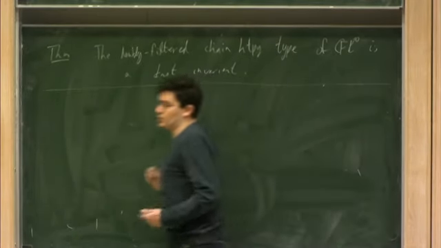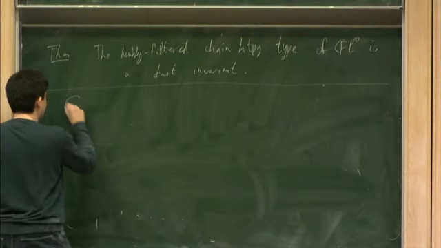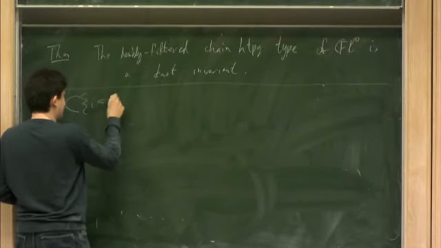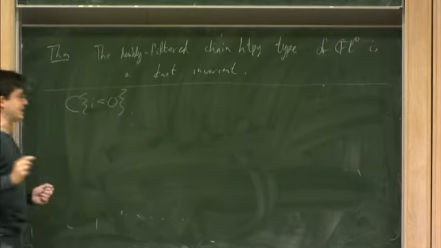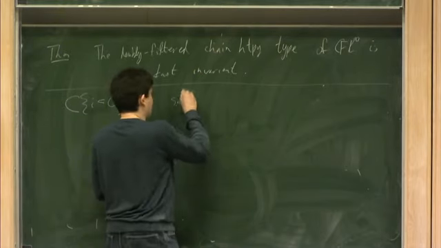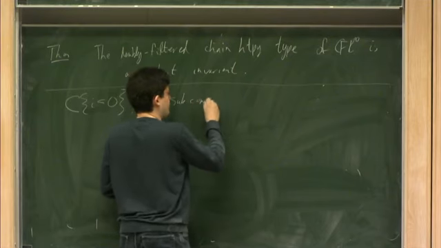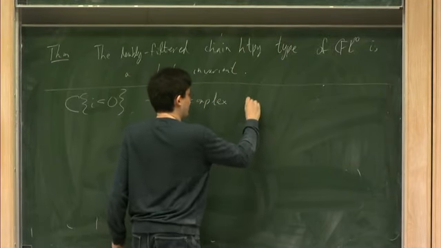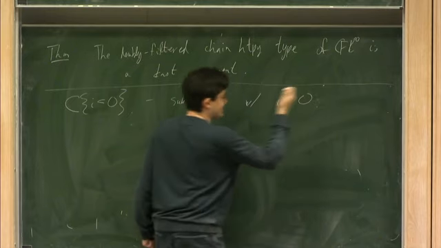So let me establish some notation. If I say something like C with I less than 0, I'm going to mean the corresponding subcomplex: the subcomplex of all points with I less than 0.